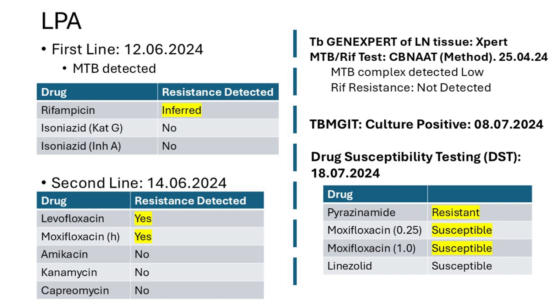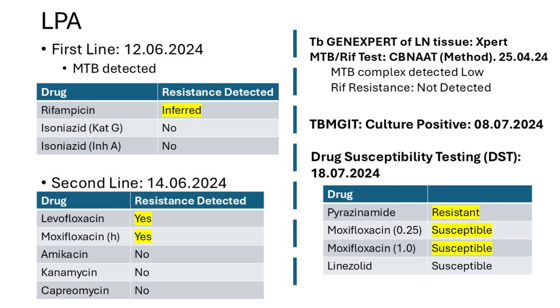And the TB Genexpert had shown rifampicin resistance was not detected. Just keep that in mind. For INH mutations, that is katG and inhA, there was no resistance detected. And on the second line LPA, resistance mutations were detected for levofloxacin as well as moxifloxacin. For the second line injectables, there was no resistance detected.